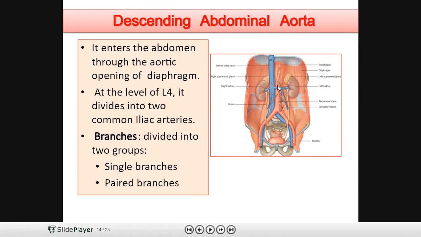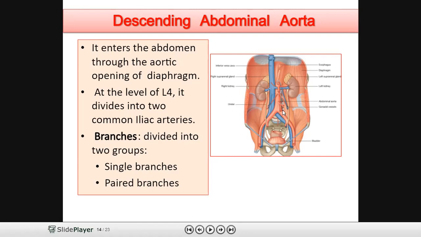Here, you see this large dome, this is the diaphragm, and this diaphragm is what separates the abdominal region from the thoracic region, which is on top of it. So here you find the descending abdominal aorta. It came from the thoracic cavity and passed through the opening in the diaphragm into the abdominal region. Now, this descending abdominal aorta will come down here.